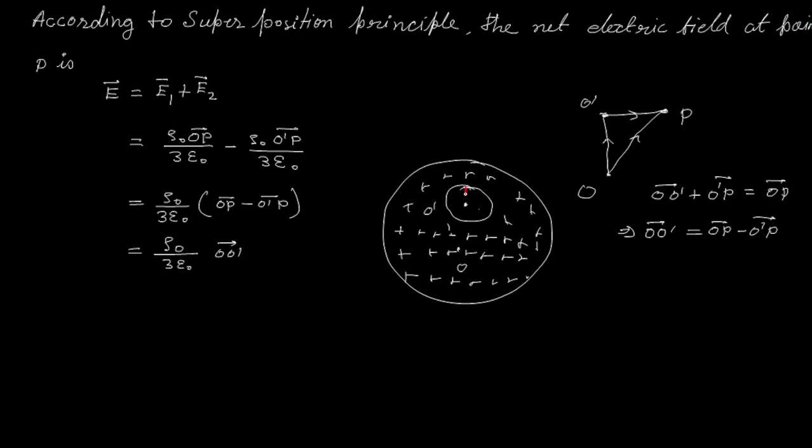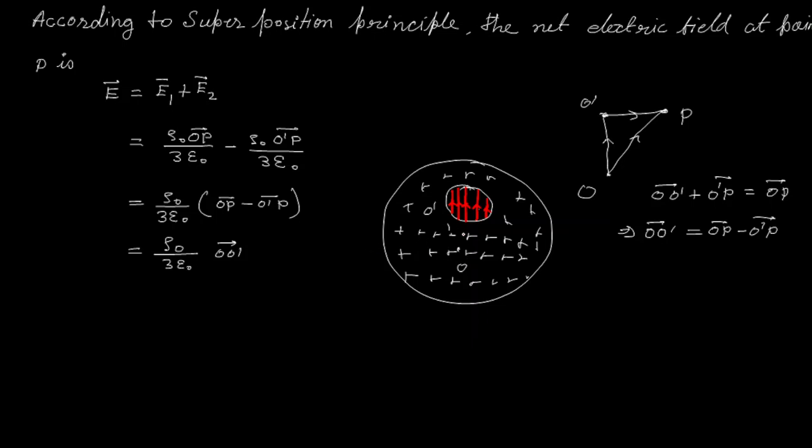So if I draw it this way, the electric field will always be along this direction, and since the magnitude is the same, we can represent it with parallel lines. Inside the cavity, the electric field will be uniform. Direction and magnitude both will always be fixed.